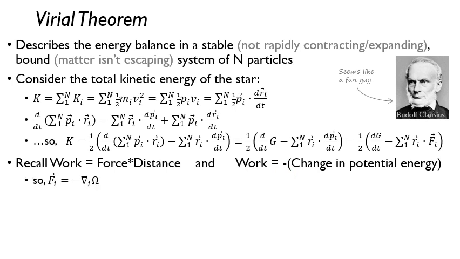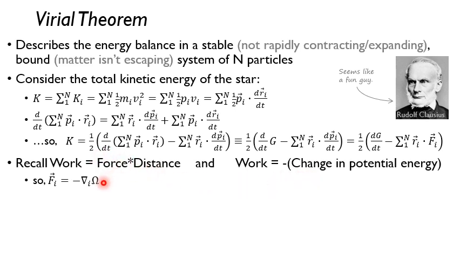And so given that, our force is equal to the derivative of the potential. Right, because if we do work divided by distance, work is change in potential energy, so change in potential energy divided by distance is work divided by distance, which is a force.